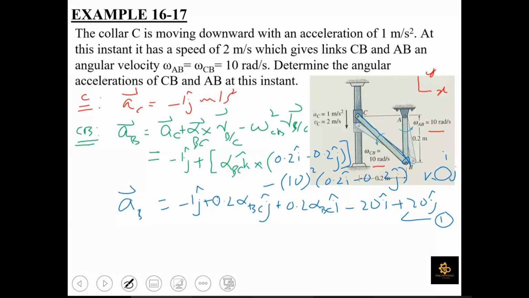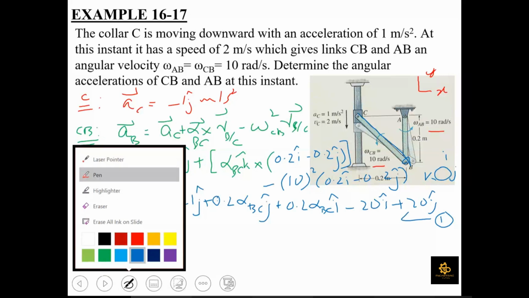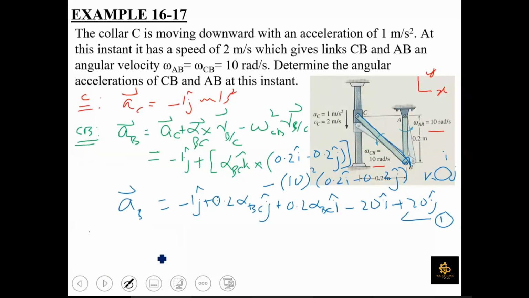Okay, now moving on to the next link, which is link AB. In order to apply the acceleration equation, first of all, what type of motion is this link AB undergoing? Pure rotation about A. So if we want to write the acceleration of point B with respect to this link AB, what should be the equation?